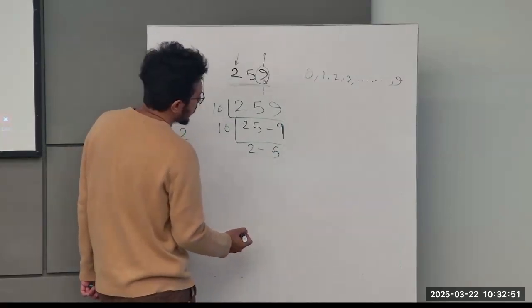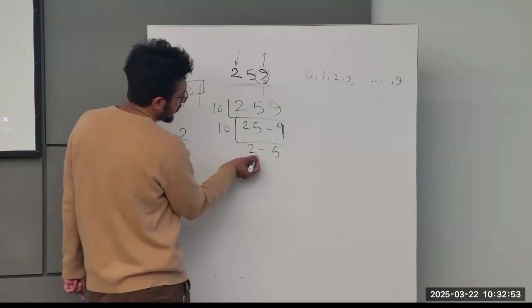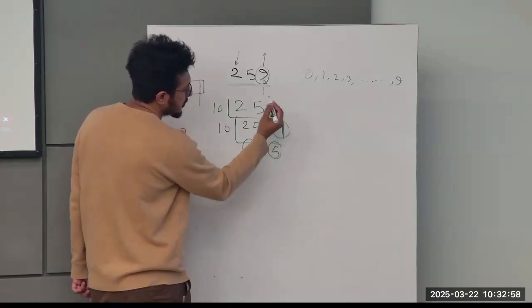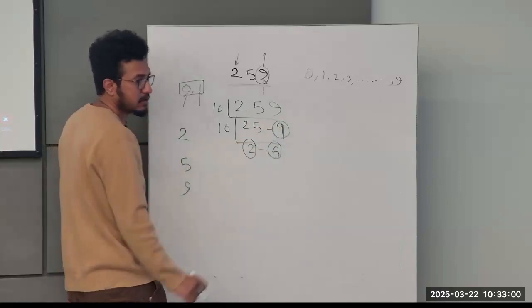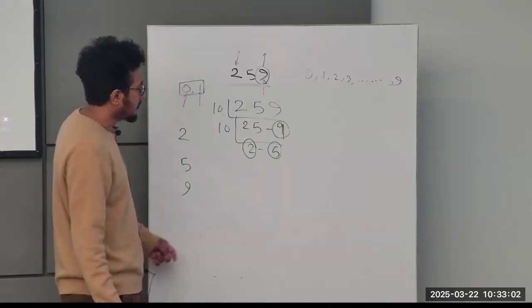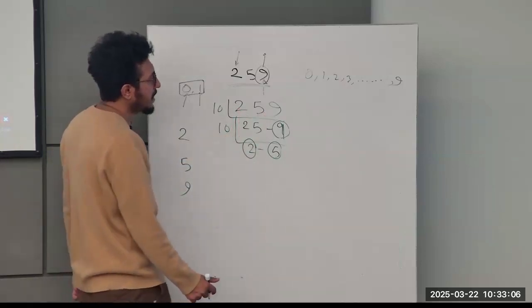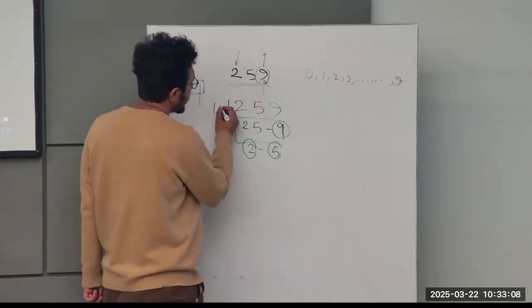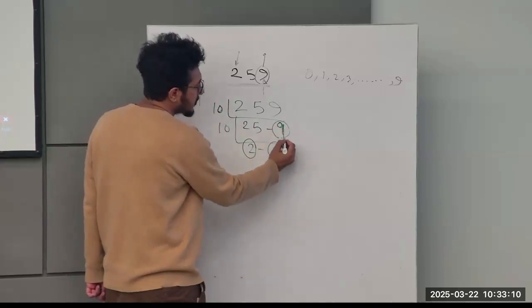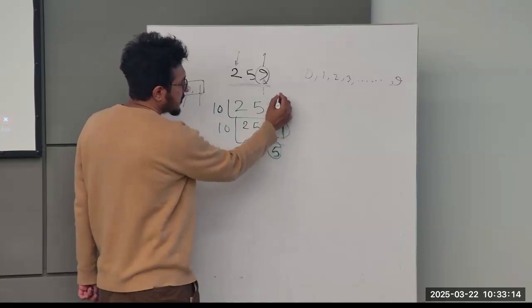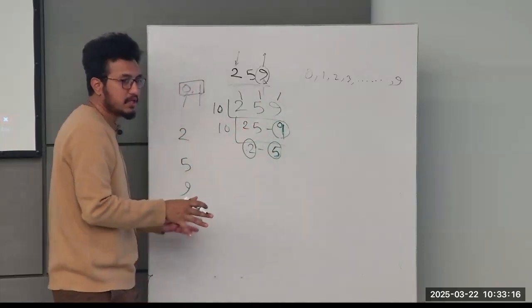Now, you see, we have separated these 3 digits: 2, 5, 9. Since it's a number in base 10, a decimal number, we can divide it by 10, and the remainders tell me what the digits are. It separates out the digits.